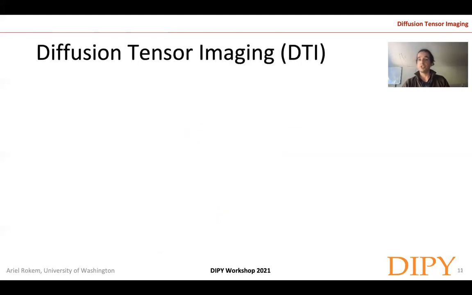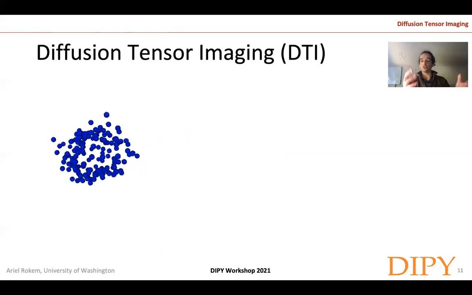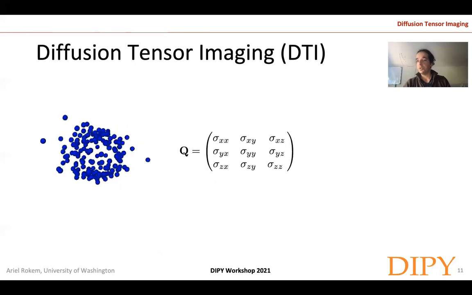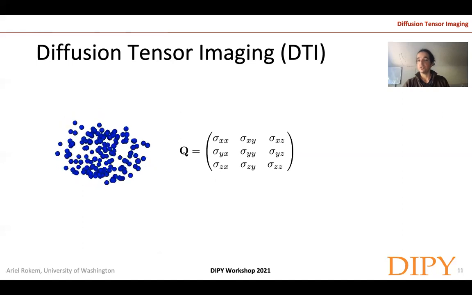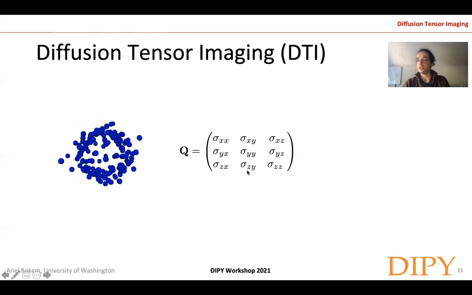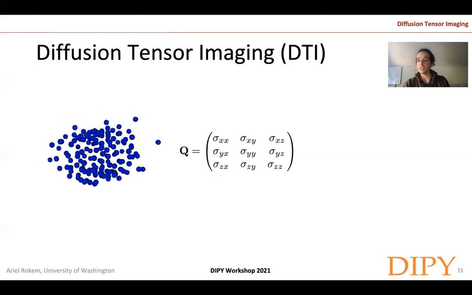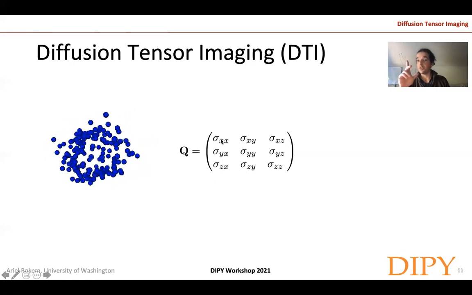What diffusion tensor imaging does is that it tries to take the measurements in all those different directions and model them as a 3x3 matrix or a rank 2 tensor, where each one of the elements within this rank 2 tensor models the variance or covariance of diffusion in some set of axes.